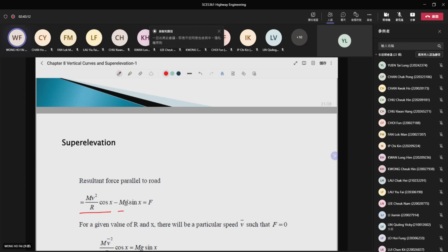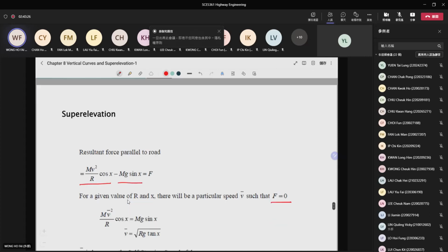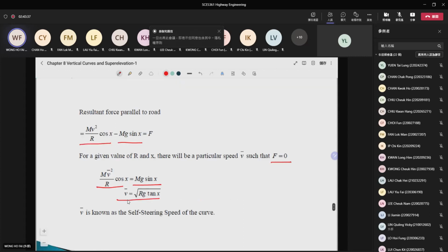And the mg sine x is actually the force due to the gravitational force. If they are just equal, that means this f is equal to 0, then these two forces are just balanced with each other. Then you can see that v is equal to square root of r g tangent x.